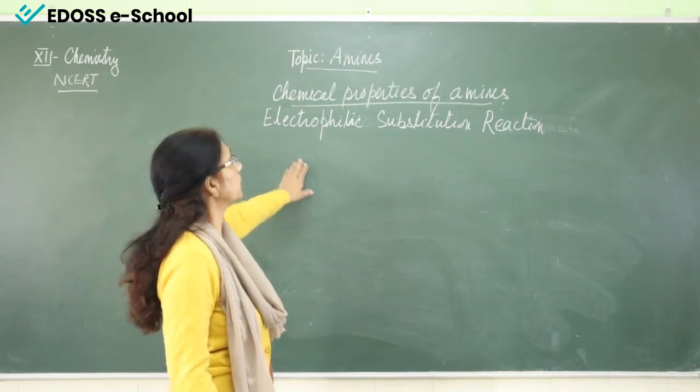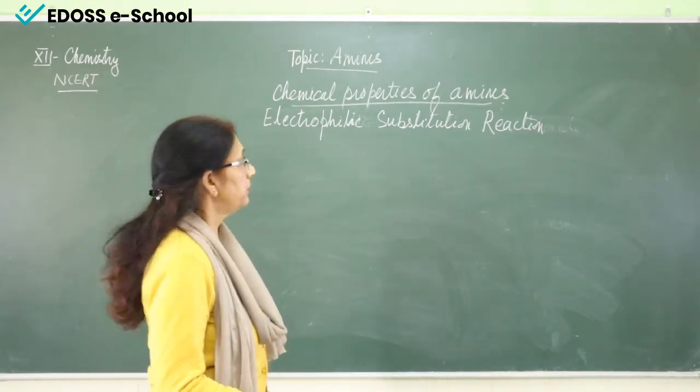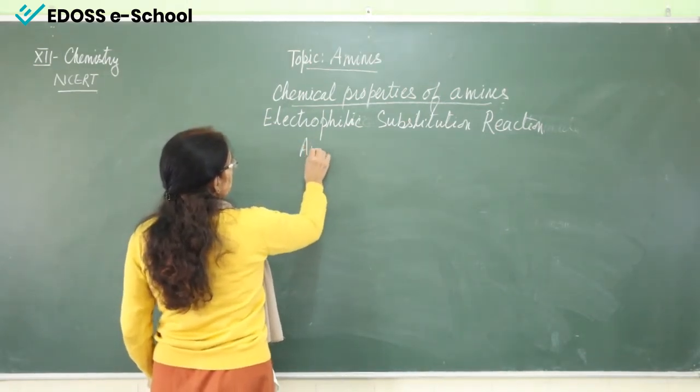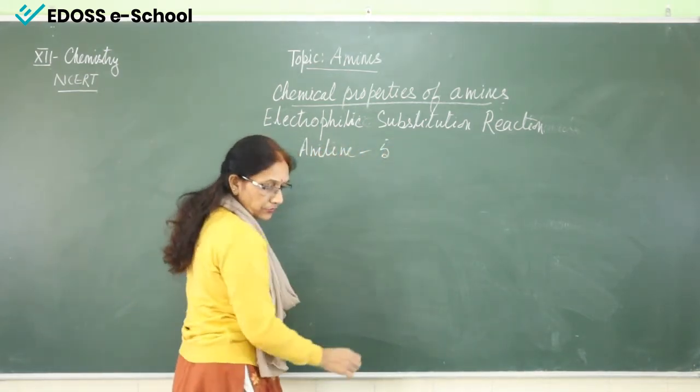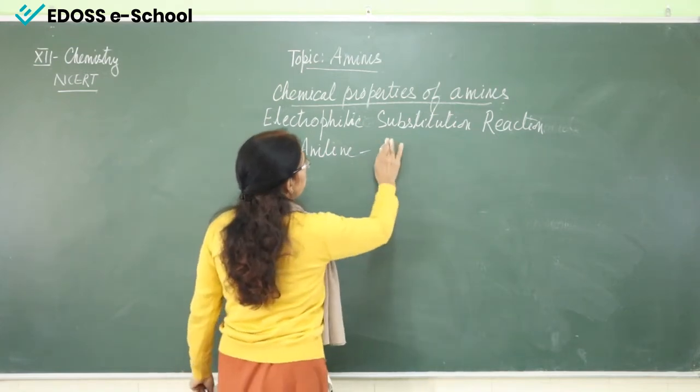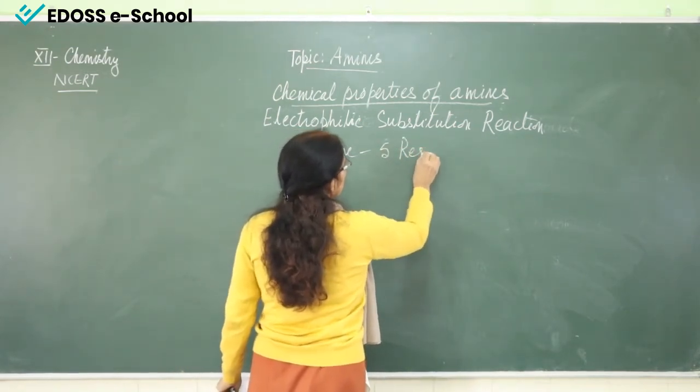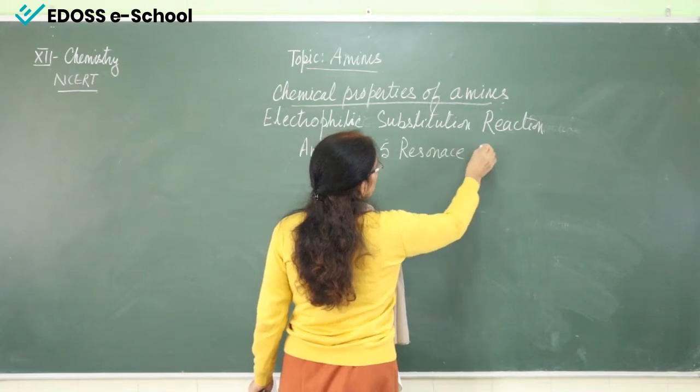Now what is happening in electrophilic substitution? We know that aniline is showing 5 resonance hybrids.